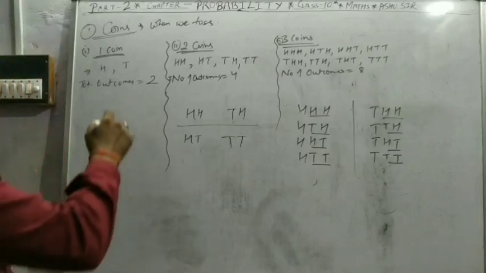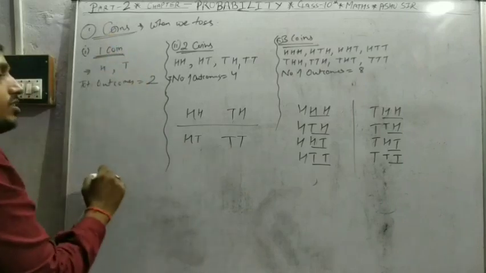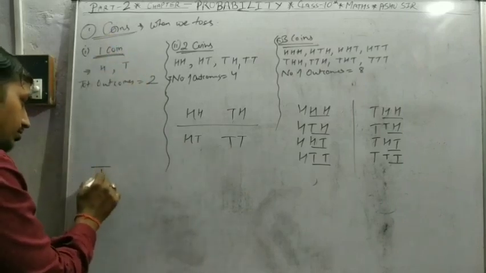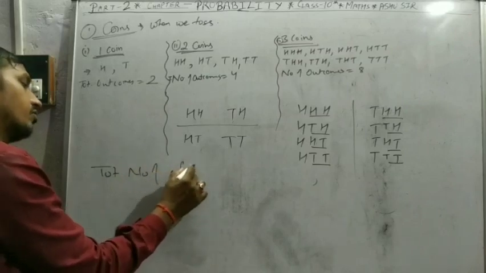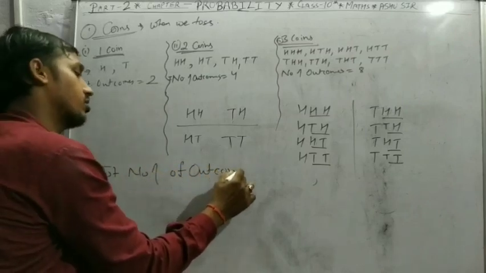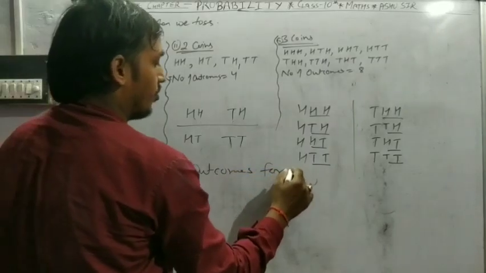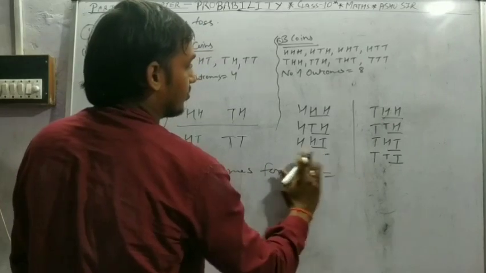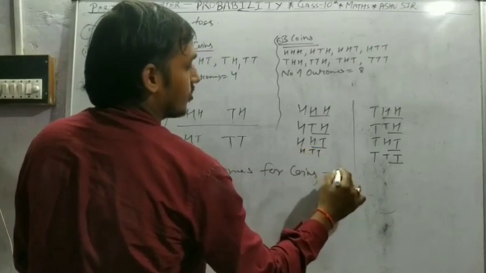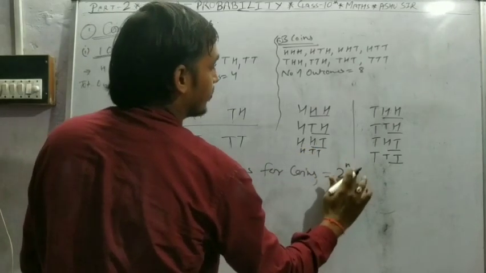So the total number of outcomes for coins is 2 to the power n.